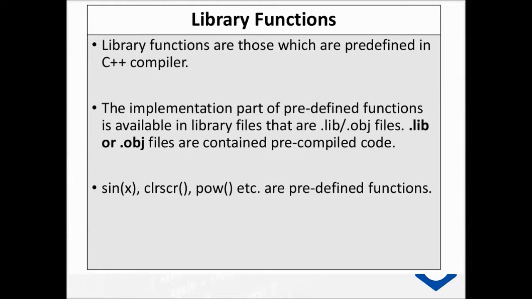For example, cmath or string header files have built-in math functions and string functions respectively. So if we use the cmath header file, then we are able to use sine, cosine, power, square root built-in functions in our programming.